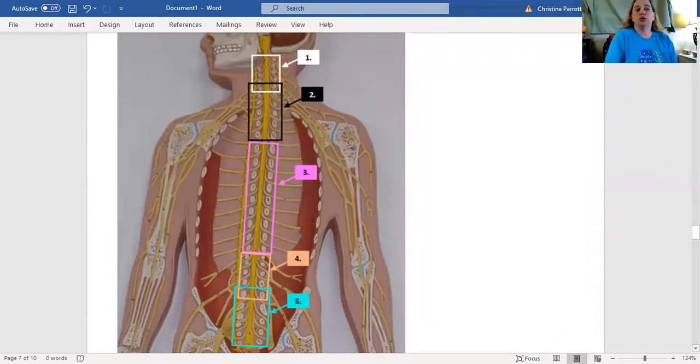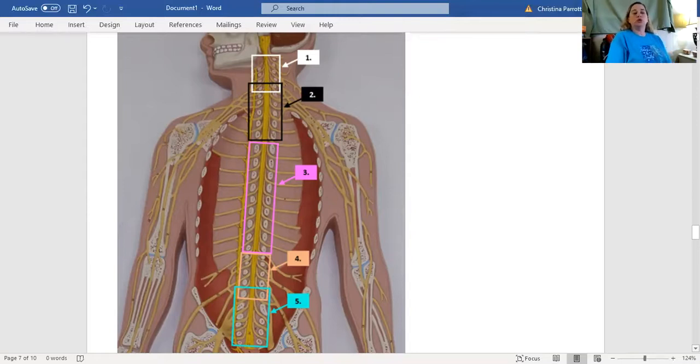Identify 2, you would say brachial plexus. Identify 3 would be your thoracic nerves. Identify 4, this is going to be in your lumbar area, so this is your lumbar plexus. Identify 5 is going to be in the sacral area, and this is going to be your sacral plexus.